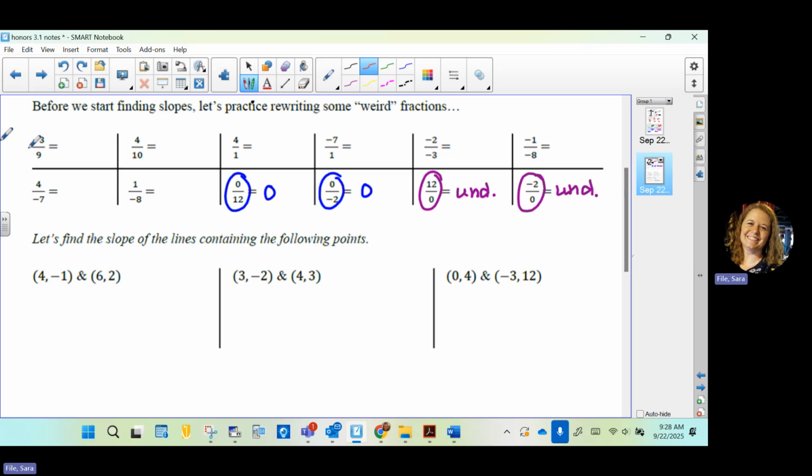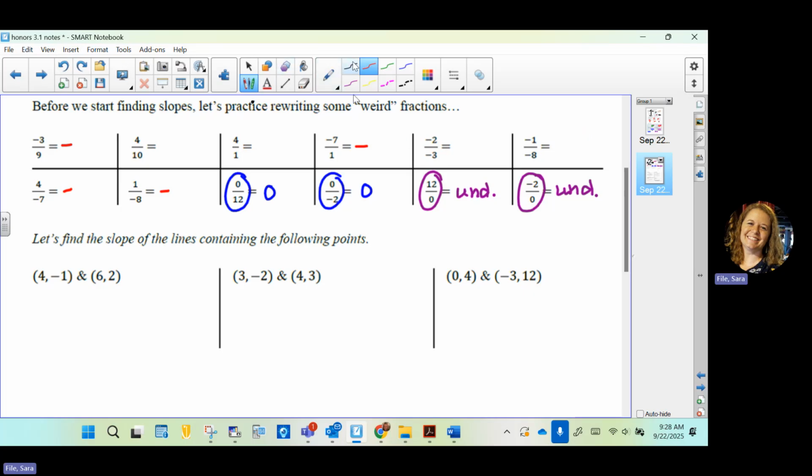Like here on the left, we have a negative in the top and a positive in the bottom. Here we have a positive in the top and a negative in the bottom. It doesn't matter where it is. If one is negative and one is positive, what's it going to come out as? Negative. Okay, so I know both of these are going to be negative. That's going to be negative, negative, and that's it, right? All the rest of those have the same sign. Both positive or both negative are going to come out positive.